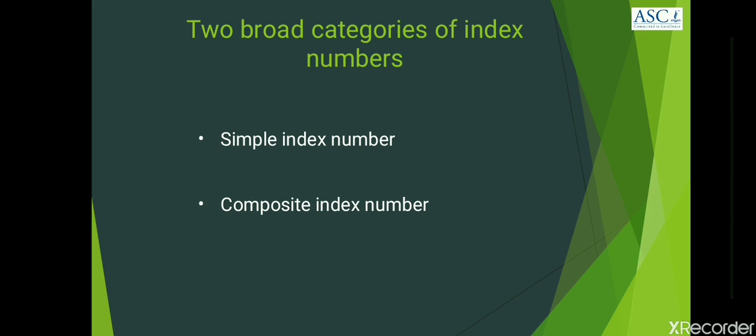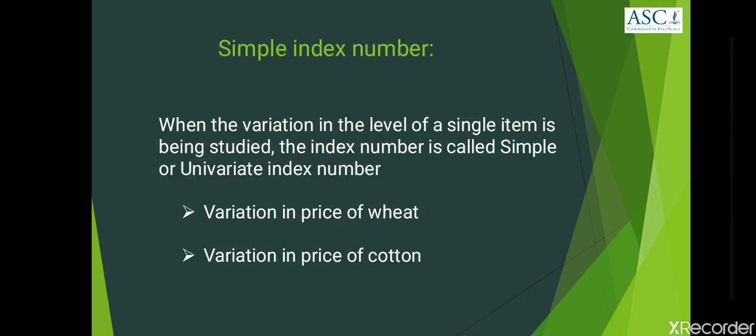The next stage is to learn their definition. Simple index number. Definition: when the variation in the level of a single item is being studied, the index number is called simple index number or univariate index number.